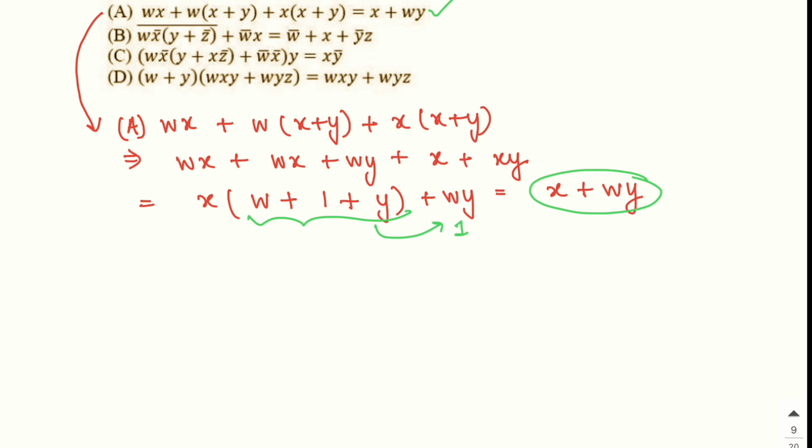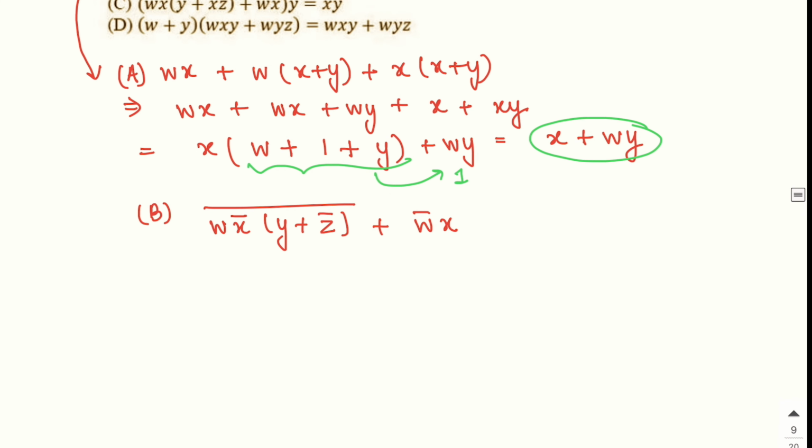We have B equal to Wx bar y plus z bar whole bar plus w bar x, and we have to see whether it is equal to the right side. So we'll first try to open it up using De Morgan's theorem. This is Wx bar whole bar plus y plus z bar whole bar plus w bar x.